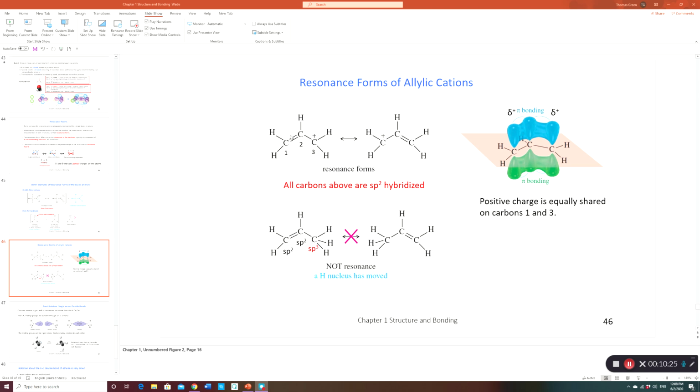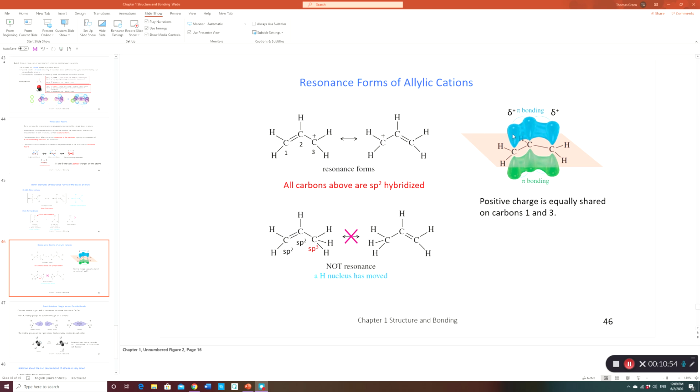And what we're doing here is we're taking these pi electrons and moving them over here to form a double bond here, which in turn places the positive charge on the left carbon here, carbon number 1. So the question is, what's going on here? Well, these pi electrons are actually spread out over all 3 carbons. So we can actually show the double bond here, or we can show the double bond here, which in turn means that the positive charge is shared between carbons 1 and 3.